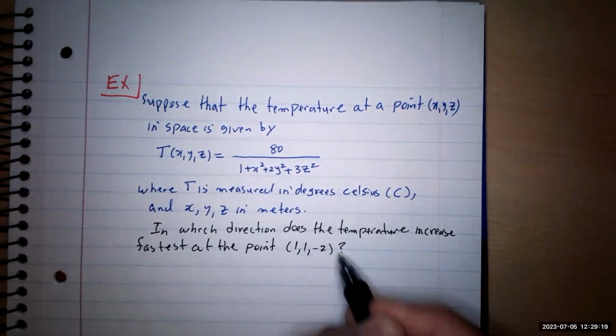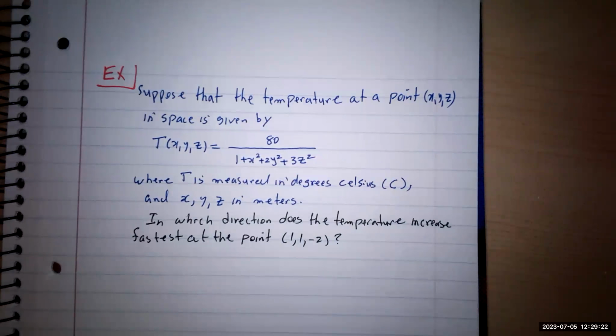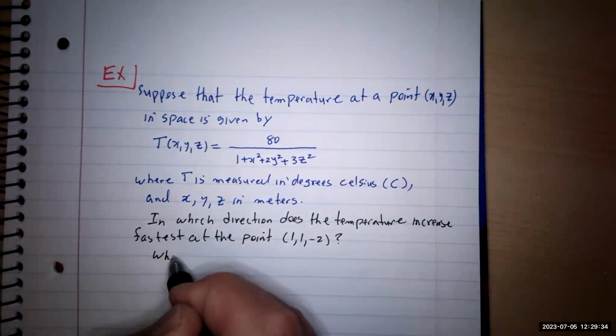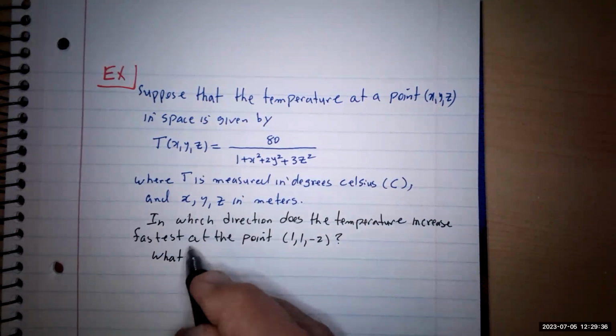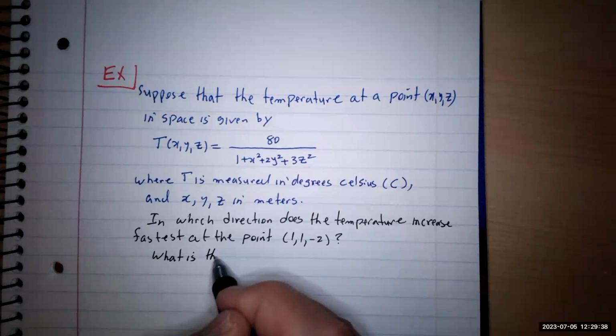Pick a special point that you have in mind, and at that point you want to know which direction would be harder. And then, of course, they ask what the maximum rate of change of the temperature is.